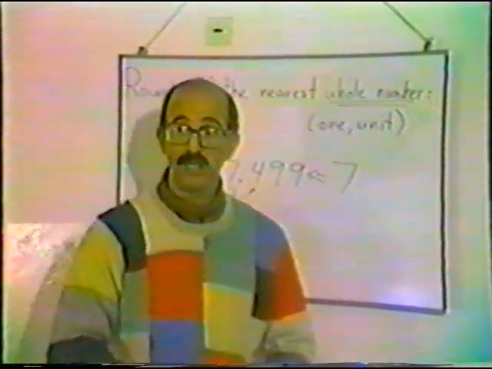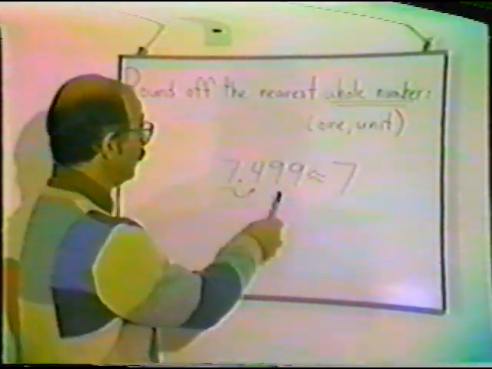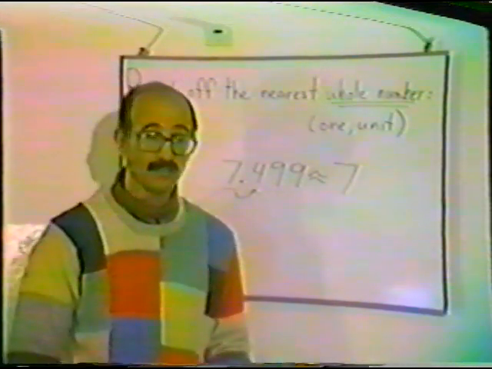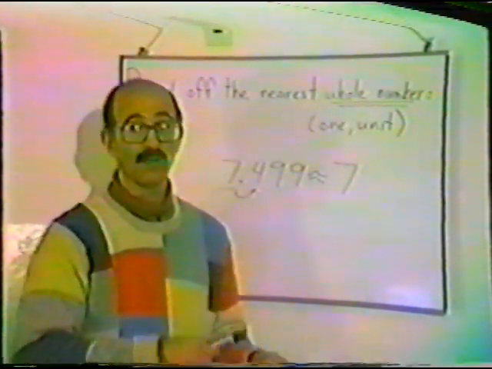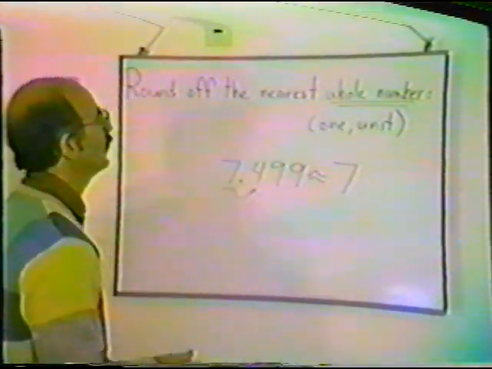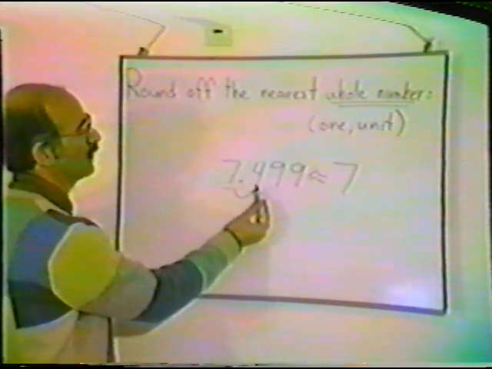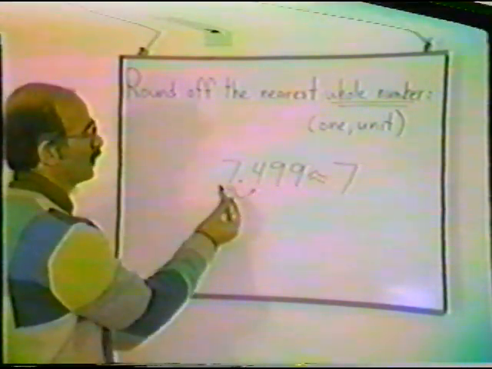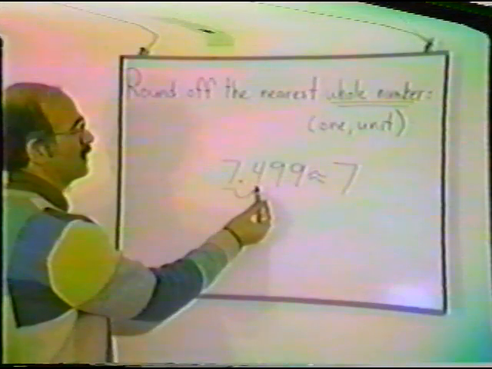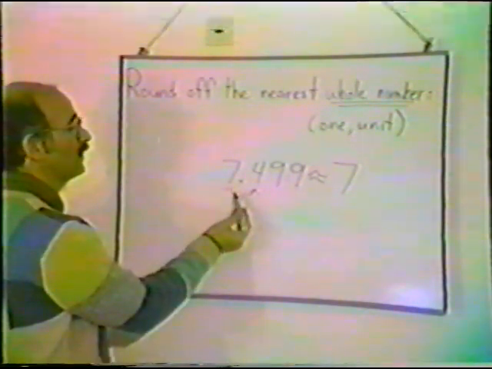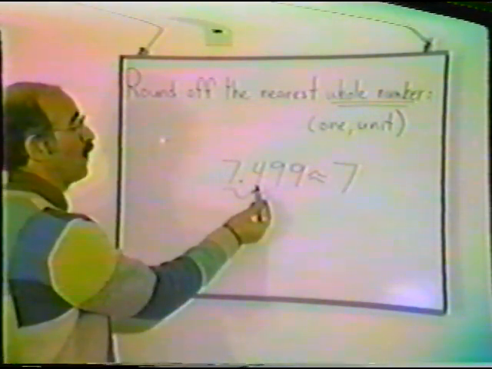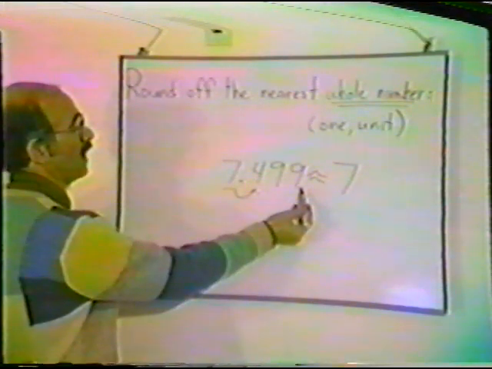But Uncle Dan, how about all these big 9s over there? Doesn't that make it go up? Well, no it doesn't, because we only look at the number to the right of the place that we are told to round off to. We only look at the 4. We don't look at the 9s.